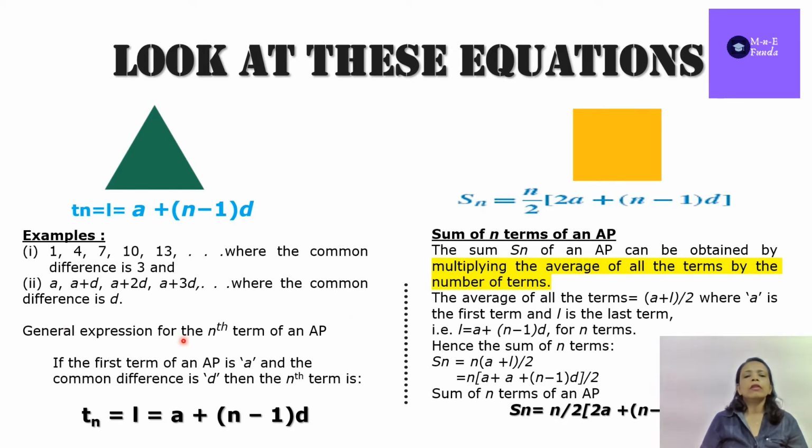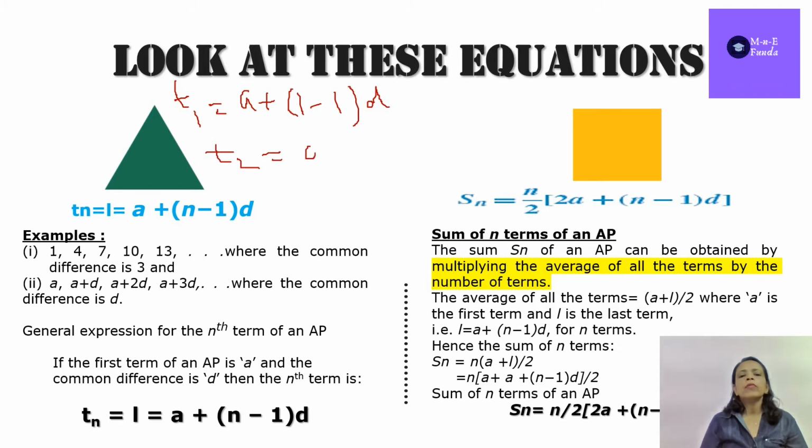So in this case, look here, in the first example, it is A, T1 equals A plus 1 minus 1 multiplied by D, that is term 1. For the second one, T2 equals A plus 2 minus 1 multiplied by D, that is 2 is equal to 2 here.